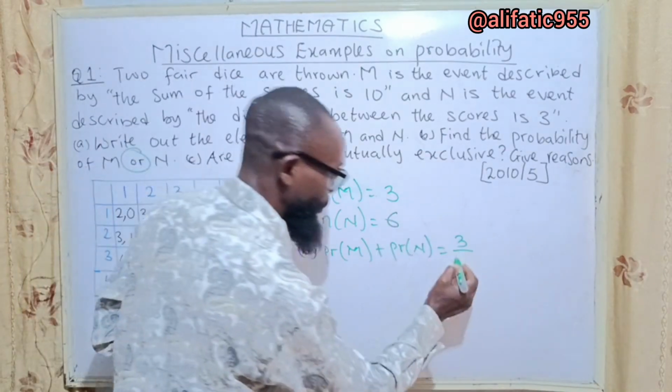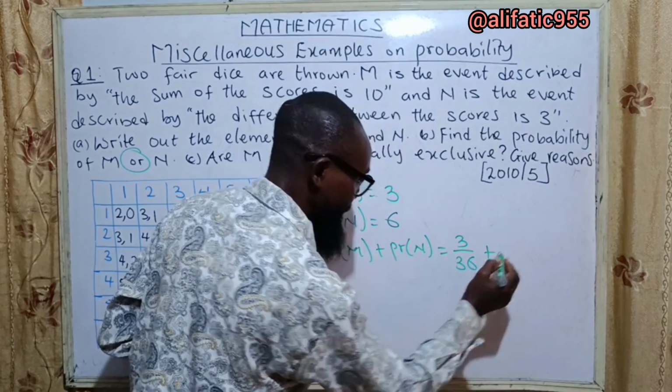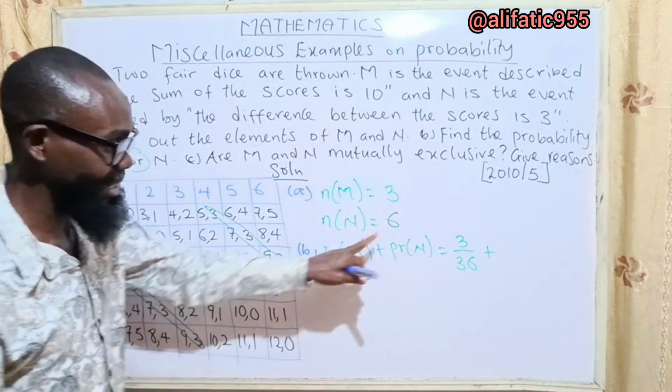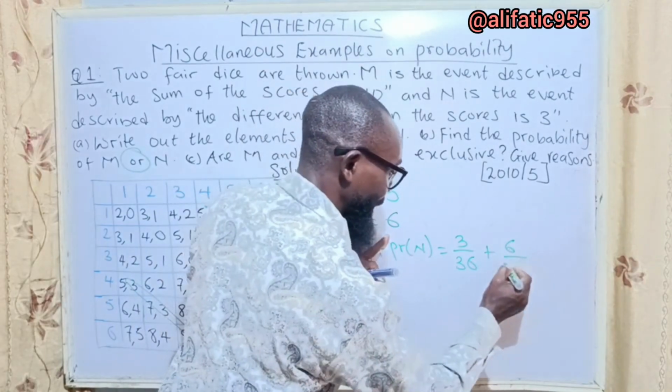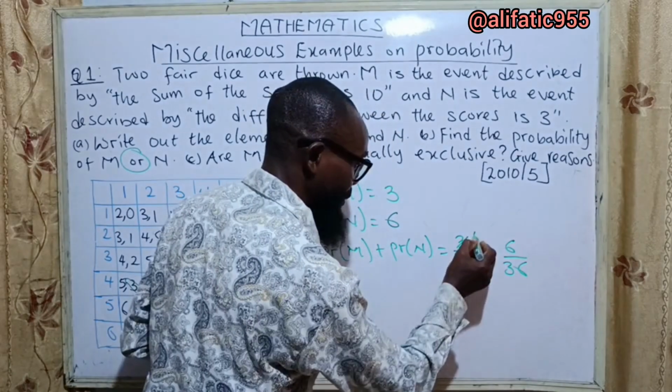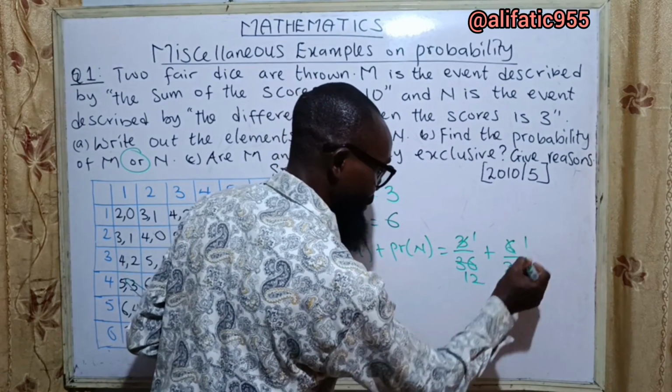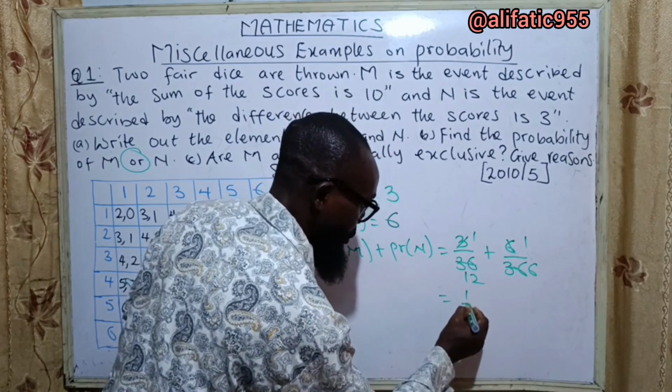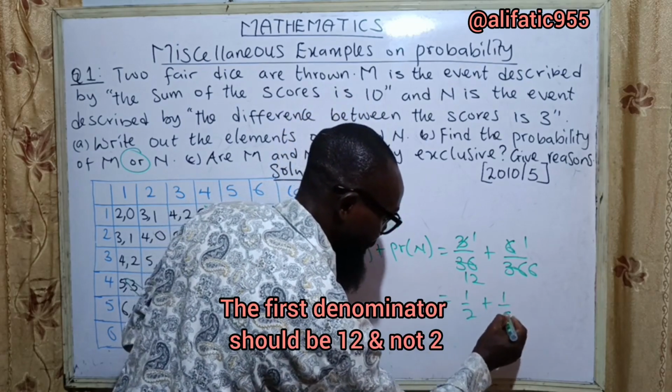So we have 3 over 36 plus the number of N, which is 6, 6 over 36. 3 into 3 is 1, 3 into 12 is 4, so 3 over 36 is 1 over 12. 6 into 6 is 1, 6 into 36 is 6. So we have 1 over 12 plus 1 over 6.